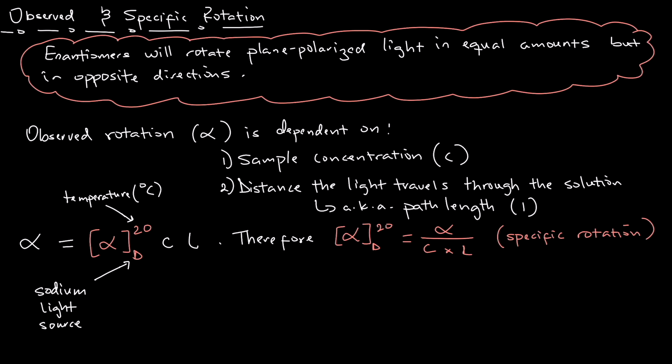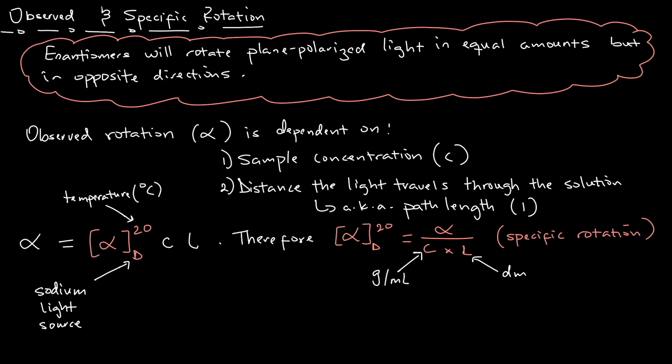So this is really important when you're trying to compare across different samples. You want to have a constant that does not depend on concentration or the distance the light travels, because that means every experiment is going to give you a very different number. So the alpha D20 is actually a very important number that helps us compare across different samples.